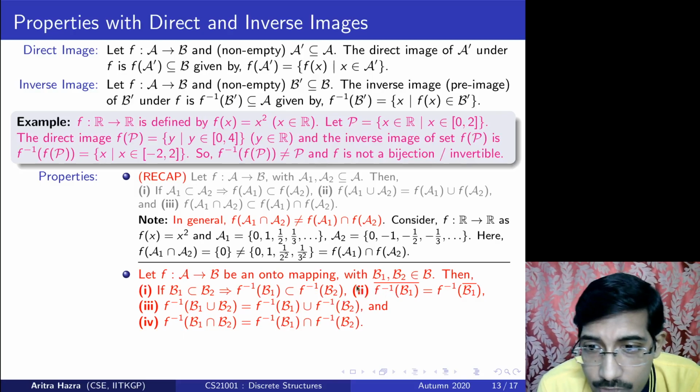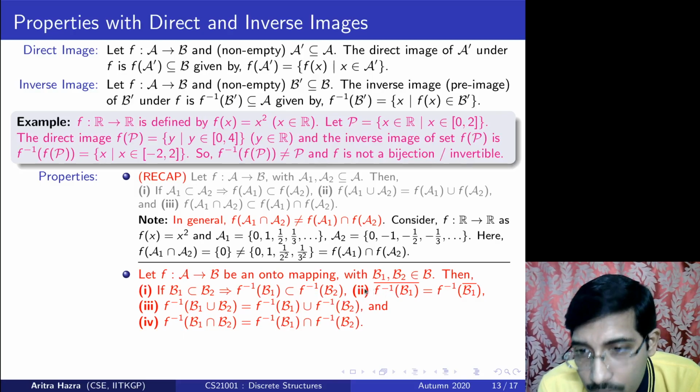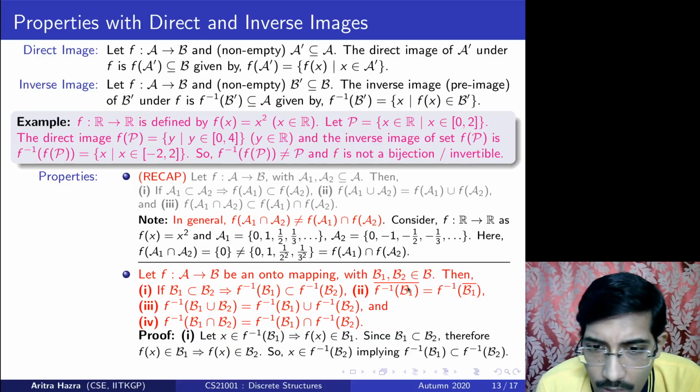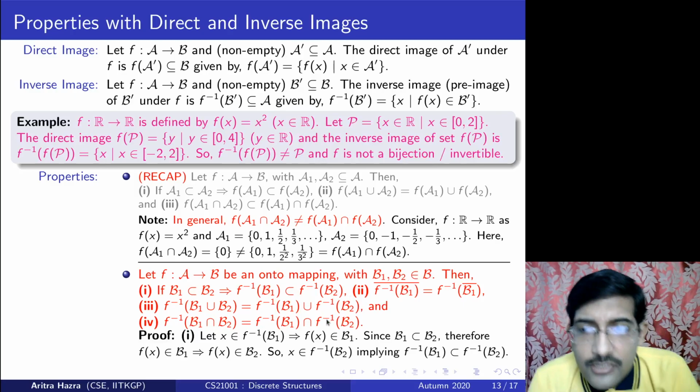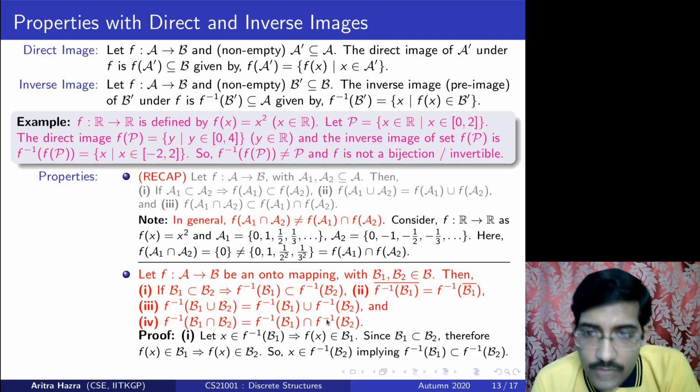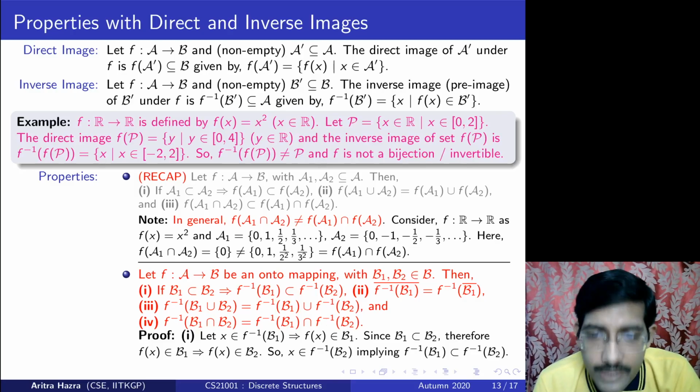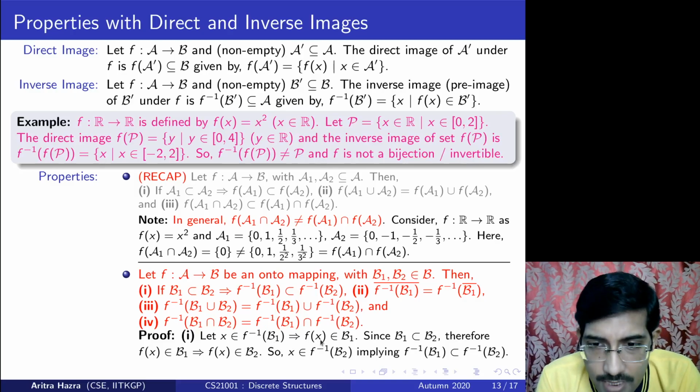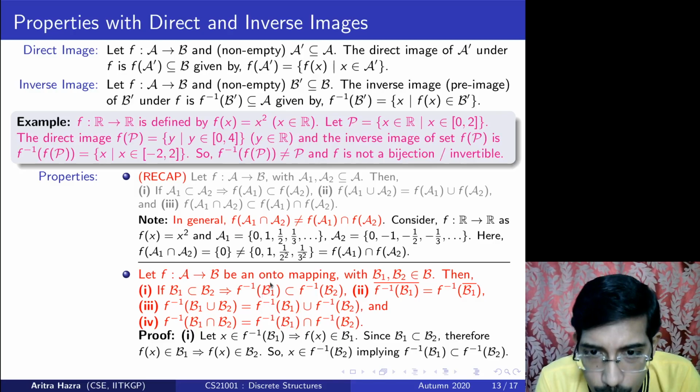Similarly, for this one, you choose your B as belongs to this and show that your B also belongs to this, and vice versa. I try to prove the first one as just stated, and I leave the rest to you, because it's just a straightforward thing to show the sets and subsets and equality. So if X belongs to F inverse B1, then there exists an Fx. So I need to prove if X belongs to this, then this X also belongs here.